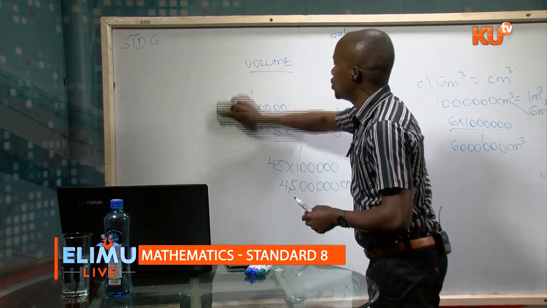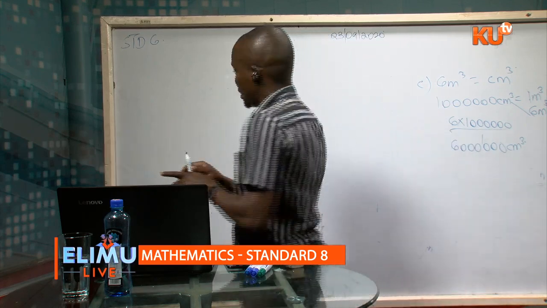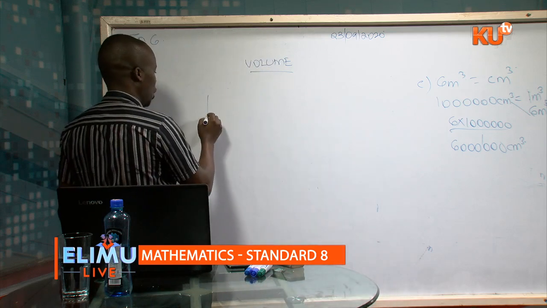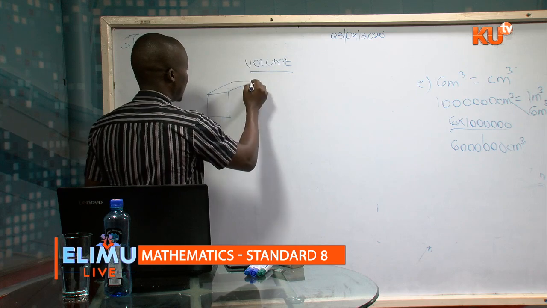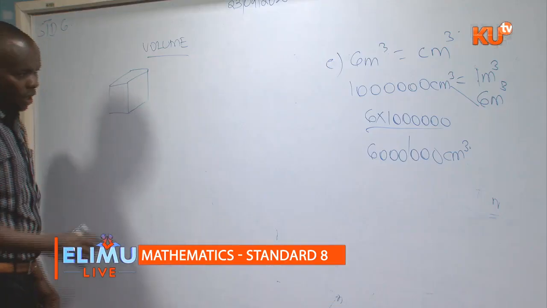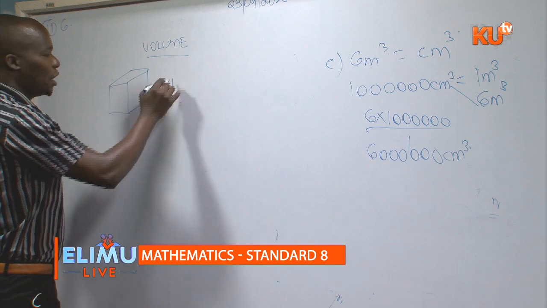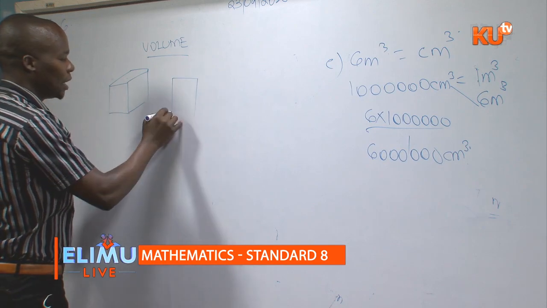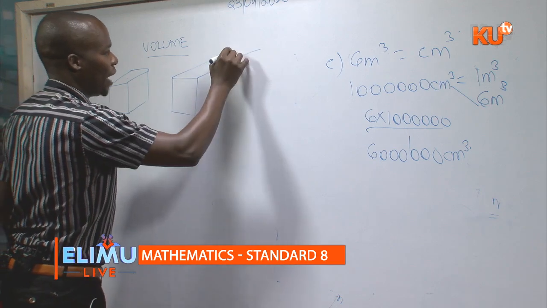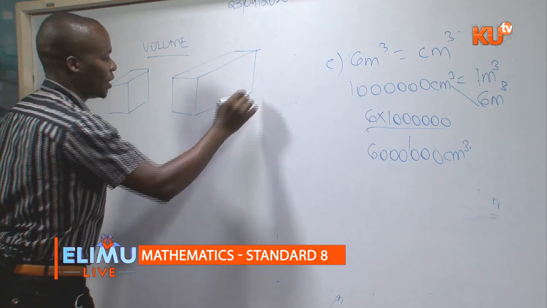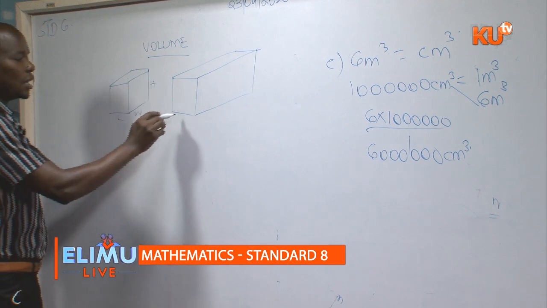That was conversion. So, I told you earlier that a cube will have all its sides equal, and a cuboid will only have a cross section but will have a different length. So the same length, width, and height.